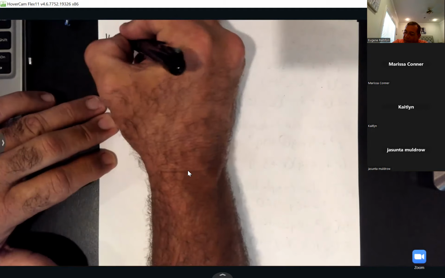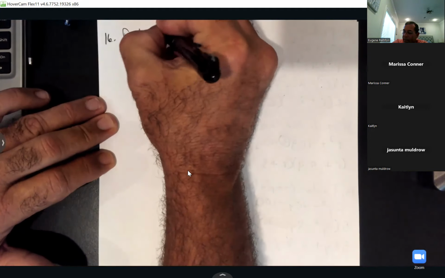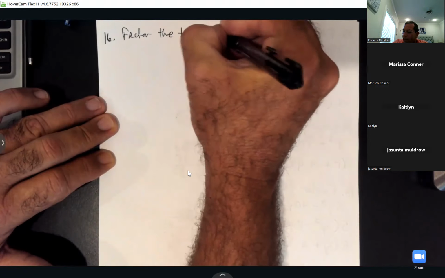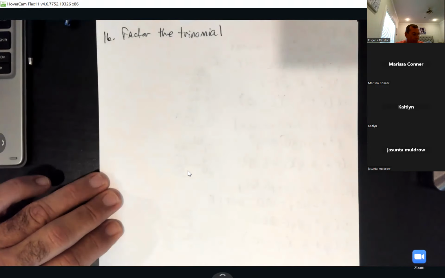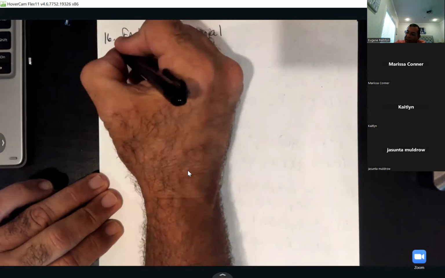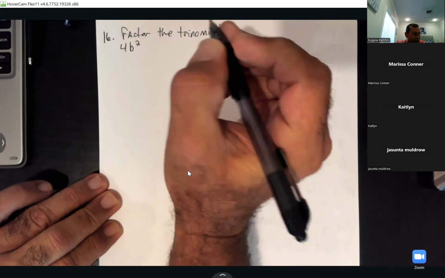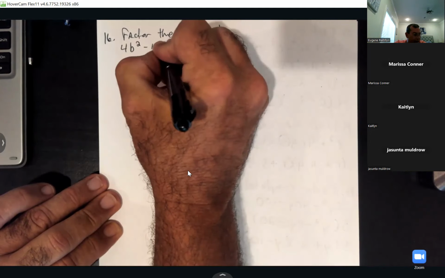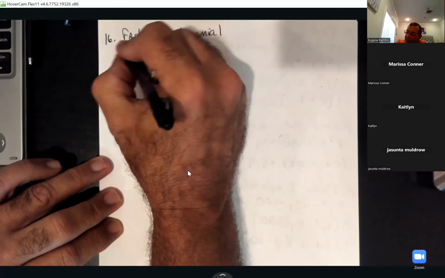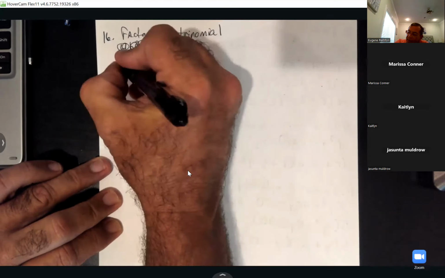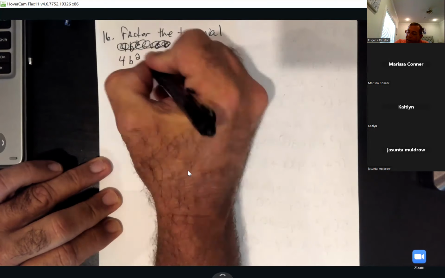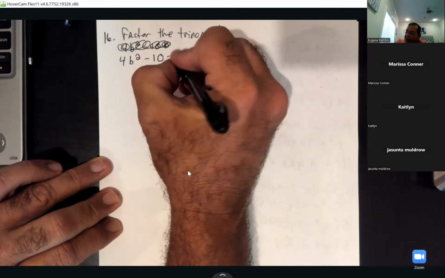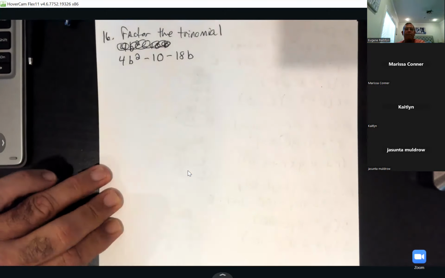All right, y'all, factor the trinomial. So I got a 4b squared minus 10, whoops, hang on, let me rewrite that. My bad. 4b squared minus 10 minus 18b.